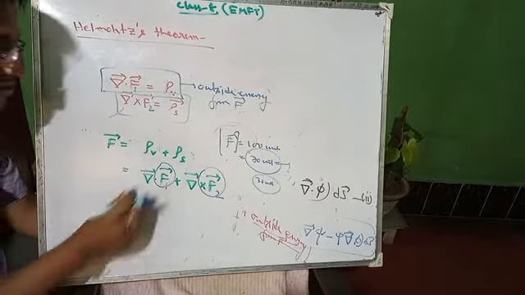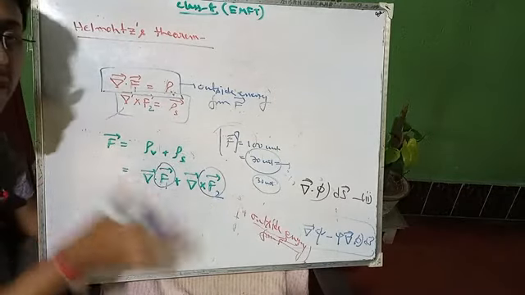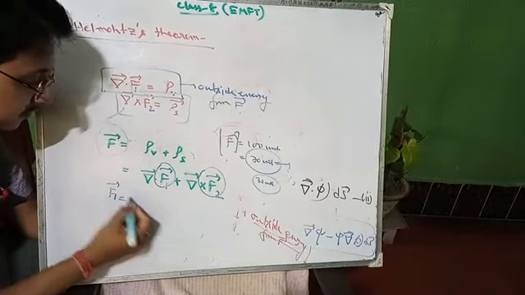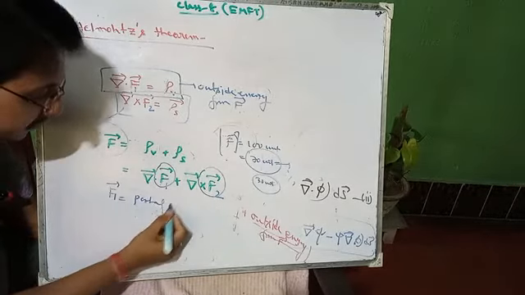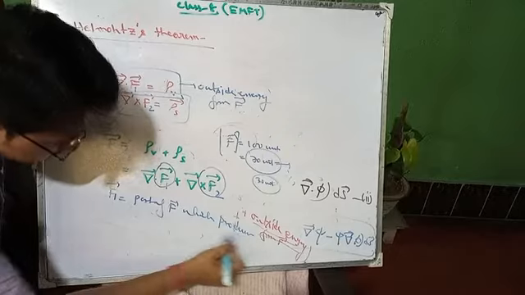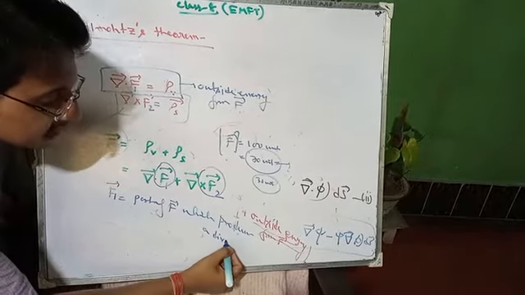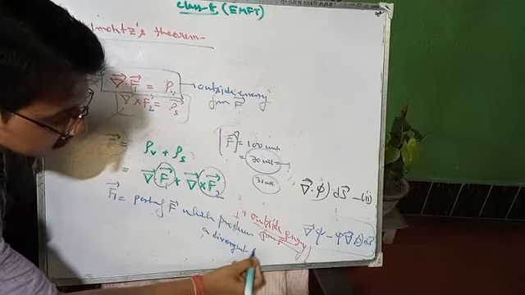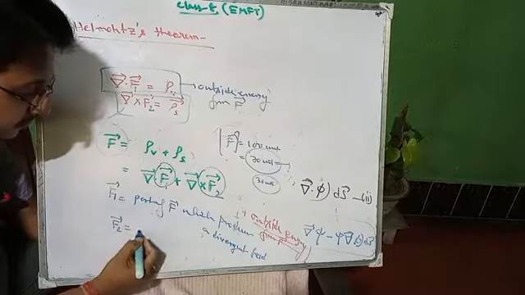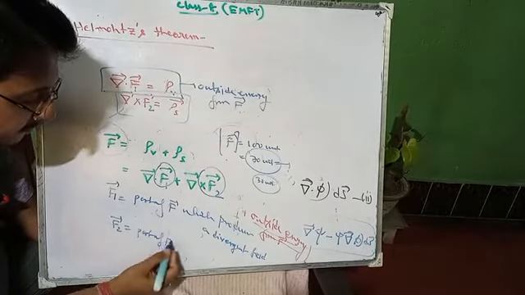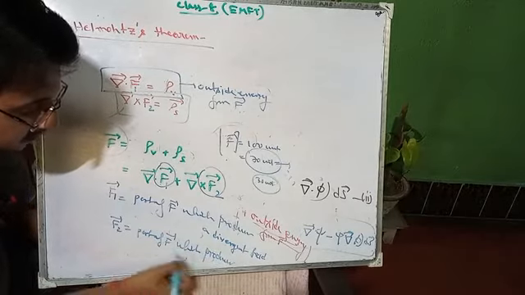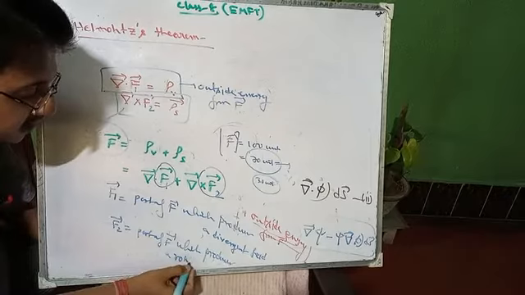This F1 and F2 are nothing but two parts of this vector F. So write F1 equals the part of the F vector which produces a divergent field, and F2 vector equals the part of F which produces a rotational field.